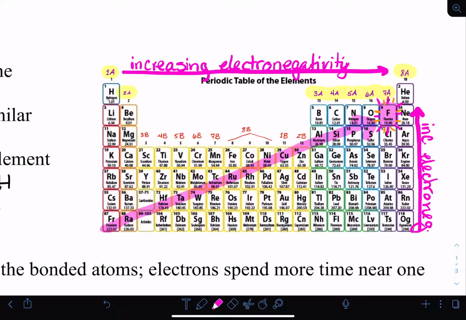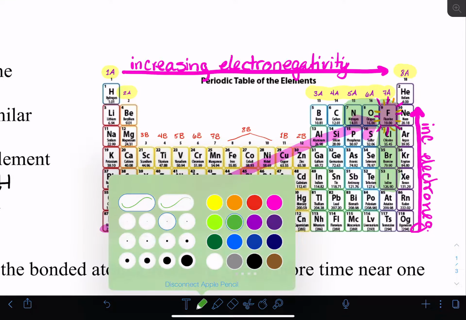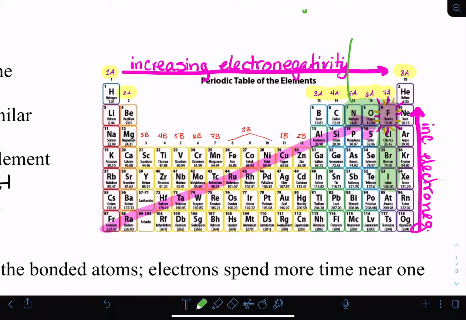But generally speaking, things that are considered highly electronegative are these guys. Nitrogen, oxygen, fluorine, chlorine, bromine, iodine are generally considered high electronegativity.